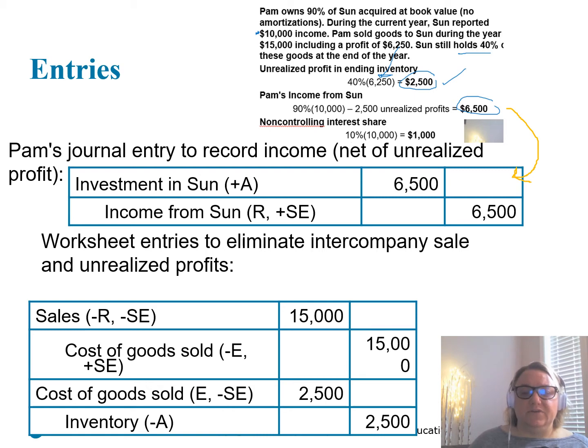The worksheet entries eliminate intercompany sales and unrealized profit. Again, because I'm squishing, this is 15,000, by the way. So our worksheet is our profit from that beginning of the year time, right up here. We kind of talked about this on the previous page, but didn't do much with it. That's our profit right here.